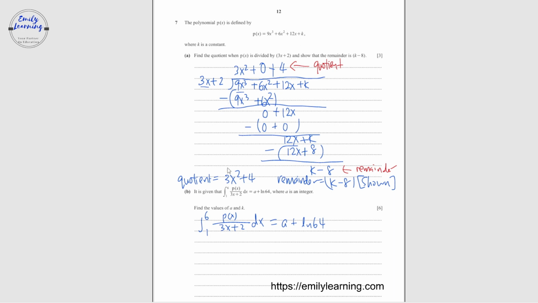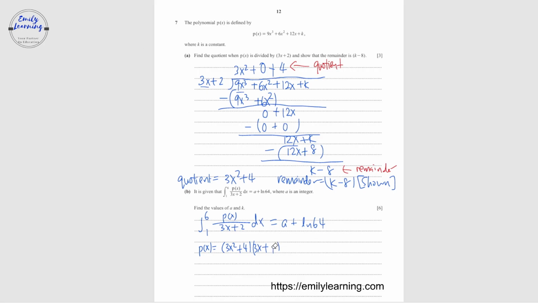So I know that px is this. And if I know the quotient and the remainder, I can also write px as the quotient times 3x plus 2, plus the remainder k minus 8.